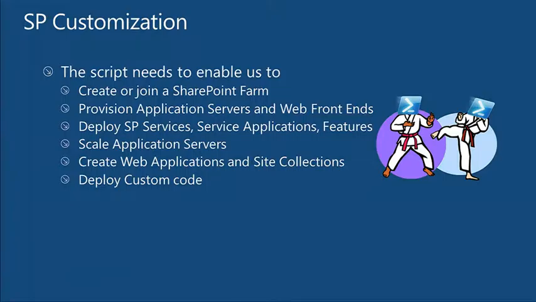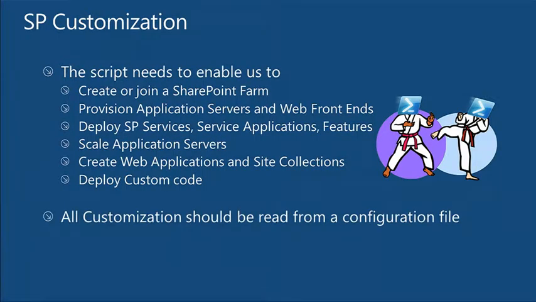And next to this, as I said before, we need to find a way to pass all that information around the different service instances. So the script needs to enable us to do all this, and besides that, it needs to read from a configuration file all the information about the current service instance and then pass it into the script. So we need to have all the customizations in a configuration file that we need to be able to read.